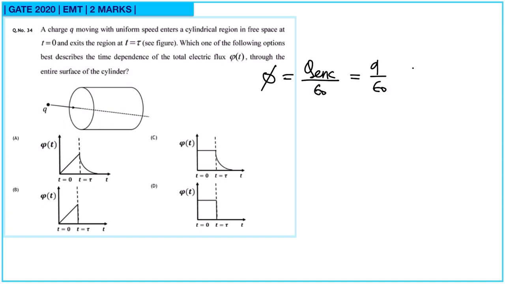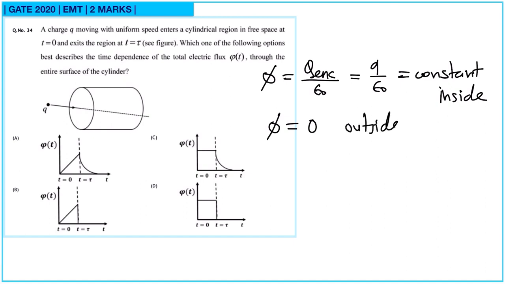So q by epsilon naught, this will be constant. So this will be inside it, and phi will be again q enclosed by epsilon naught, but it will be 0 for the outside part. So inside it will be constant and outside it will be 0. So here option D is correct.